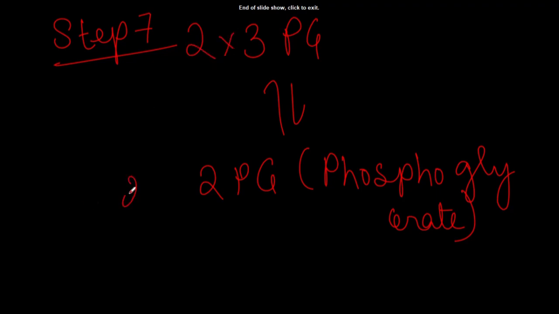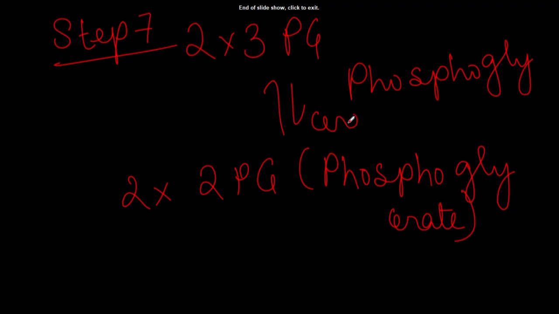There are also 2 molecules, and by the action of the enzyme called phosphoglycerate mutase. Okay, so this is all about step number 7. Let's continue to step number 8. That is the second last step.